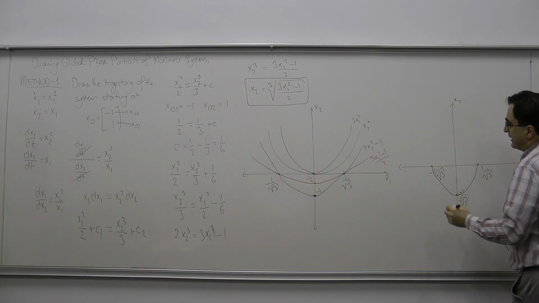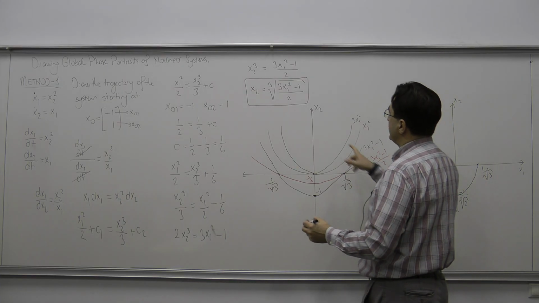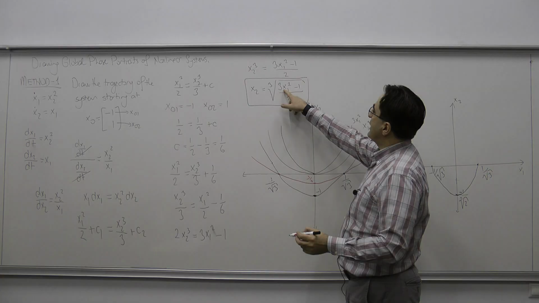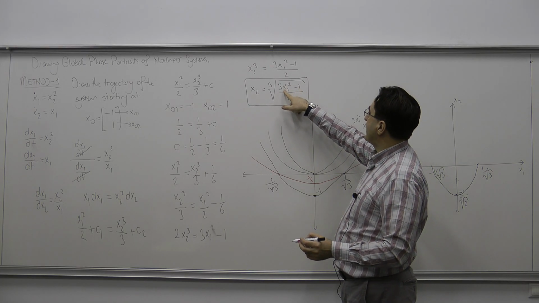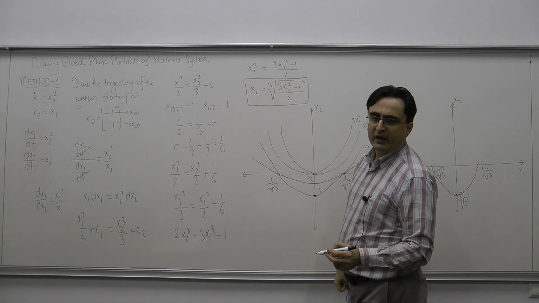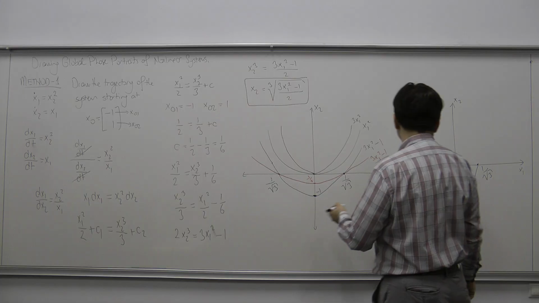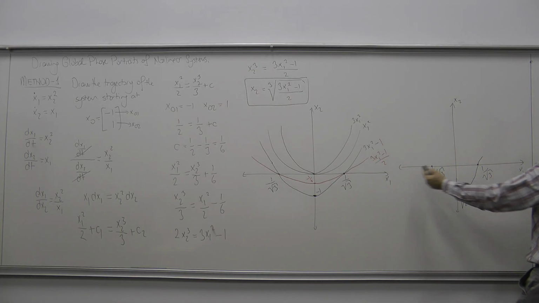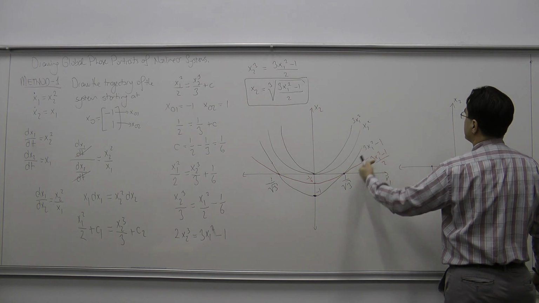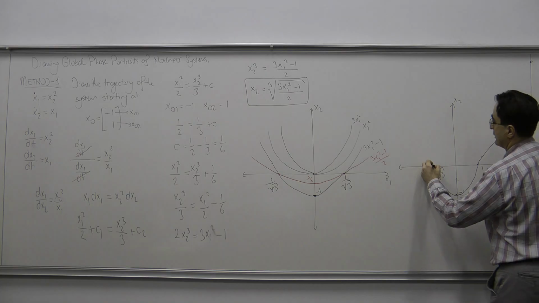Now, one detail here is that when x1 goes to infinity, you see that this 1 is going to be negligible, so the power of x1 is going to be 2 over 3, which is smaller than 1, which means that when this curve passes through this point and approaches to the right, it's going to become a concave curve like this.